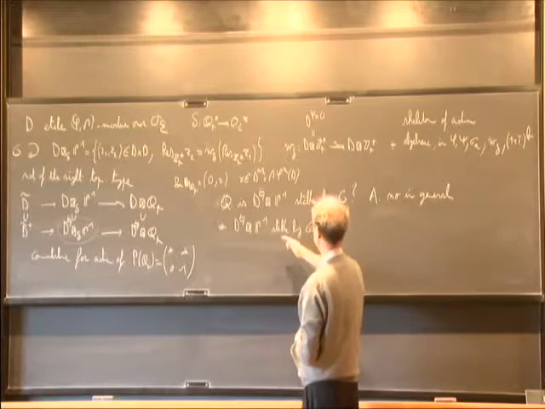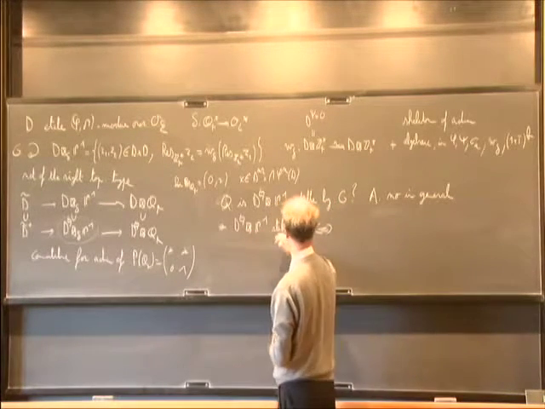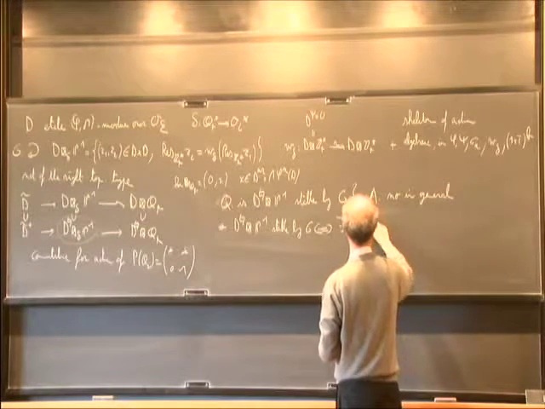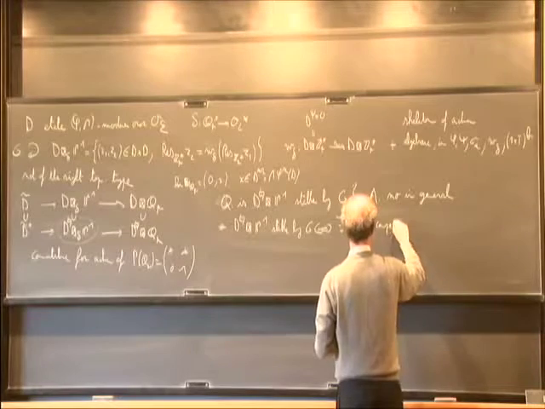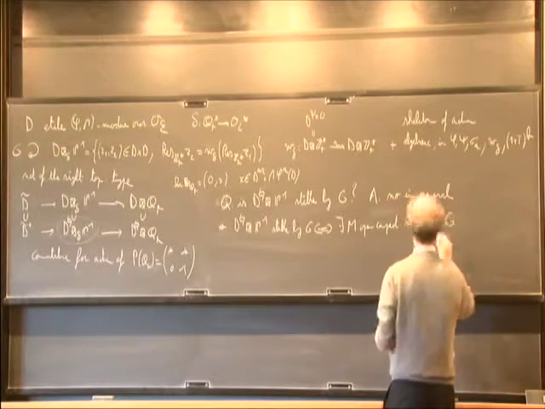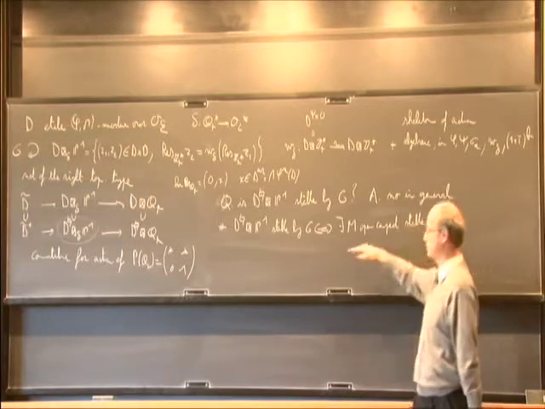And the statement that I gave you last time was this is stable if and only if there exists an M which is open and compact, stable by G. So if you have any open compact which is stable by G, this implies that this one is stable by G.